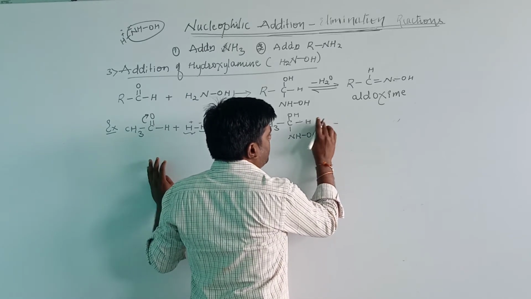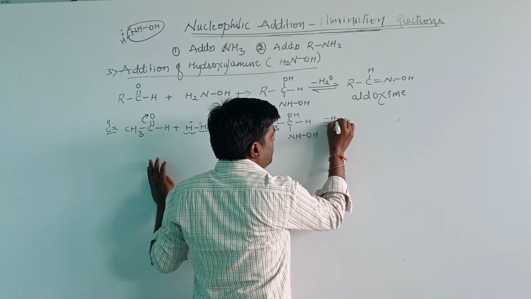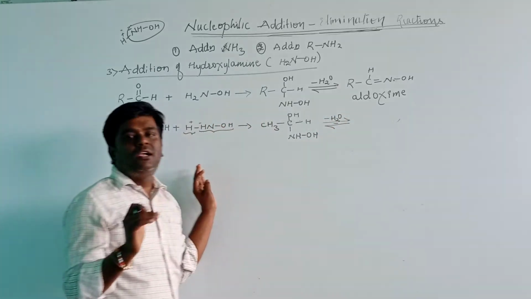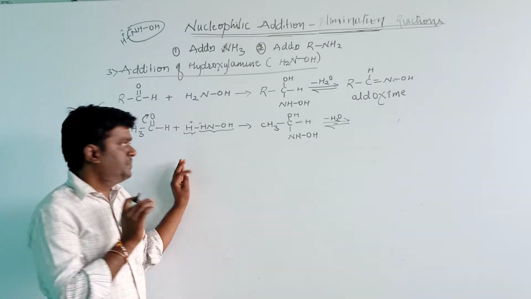This addition product further will undergo dehydration, that is elimination reaction, to form the product aldoxime. Here we are using acetaldehyde, therefore the main product is acetaldoxime. Let us see how the acetaldoxime will be written.